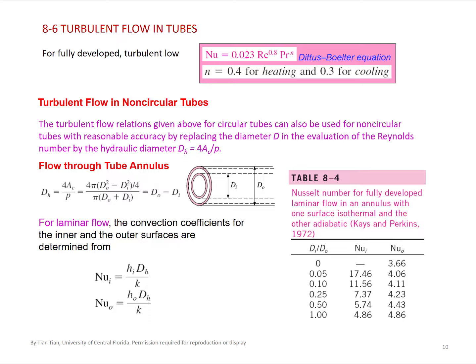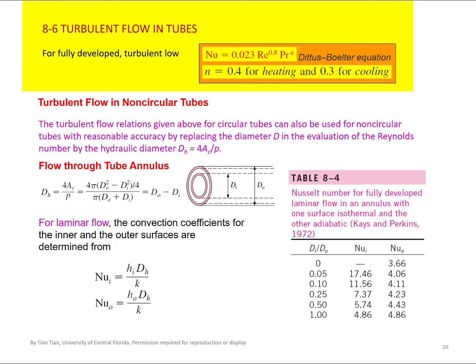So we first had correlations for fully developed laminar flow. Then we had correlations for developing laminar flow. What about turbulent flow? Actually, in heat transfer 1, we'll only cover fully developed turbulent flow. We will not cover developing turbulent flow.